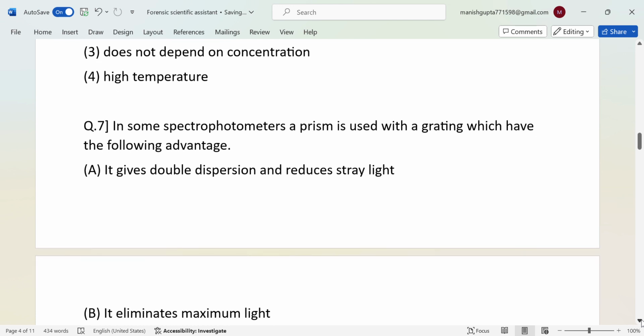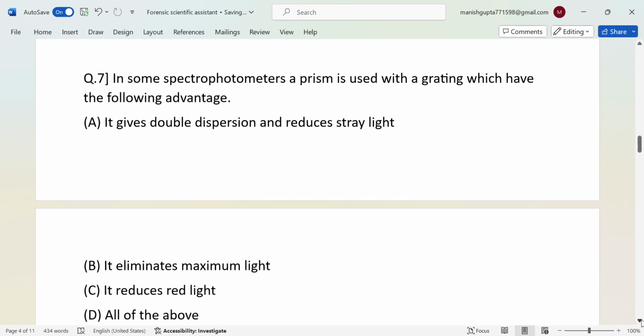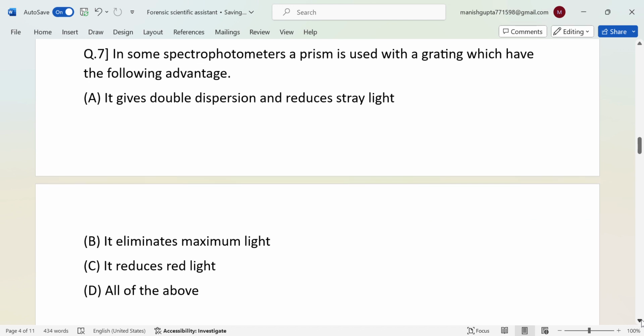In question number 7, in some spectrophotometers, a prism is used with the grating which has the following advantage. Option number 1, it gives double dispersion and reduces stray light. It eliminates maximum light. It reduces red light.